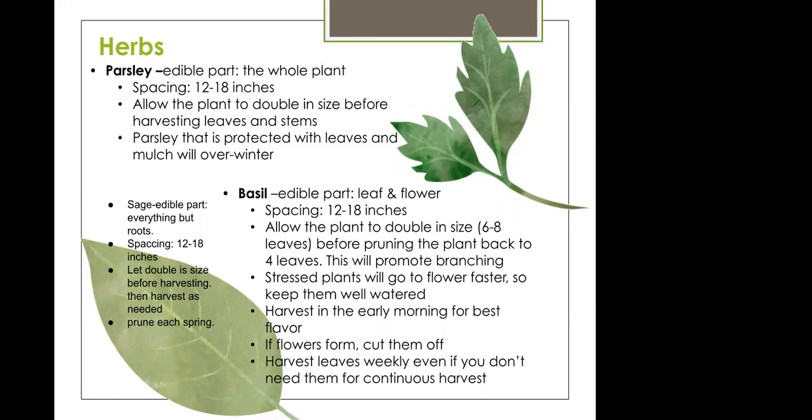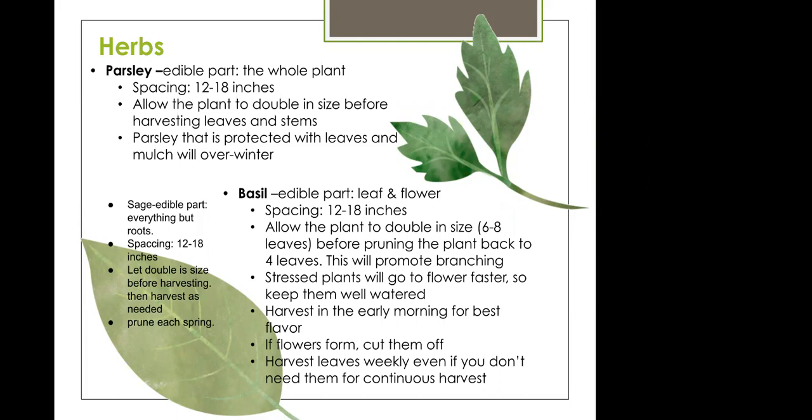But yeah, getting back on topic. You also want to allow this plant to have some time before you start to harvest from it. You want to make sure that it has at least 6 to 8 leaves before you start to pull from it.